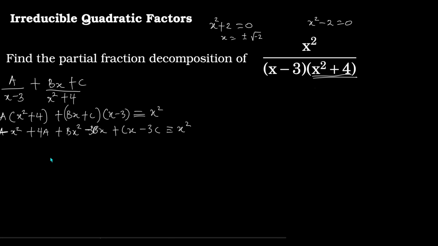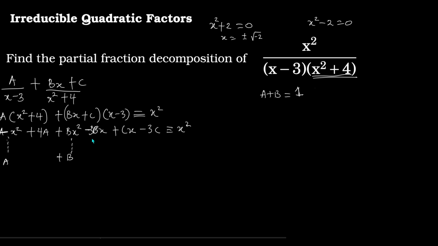Then we have x squared on the right hand side. Now, what we have to do from here is to match up the degrees. So we have Ax squared, we have Bx squared. So we have A plus B, which equals, now there's an x squared on the other side, so this is going to be equal to 1.